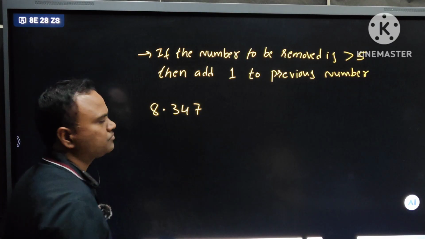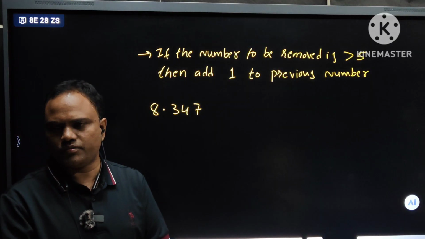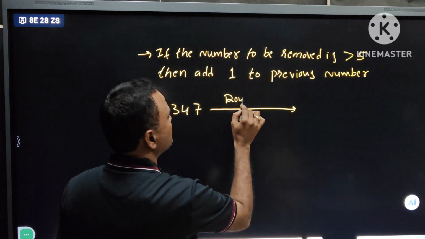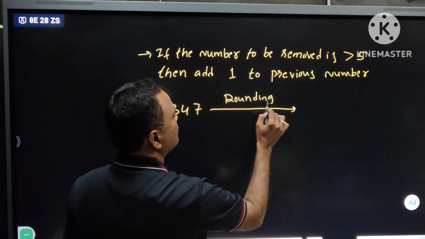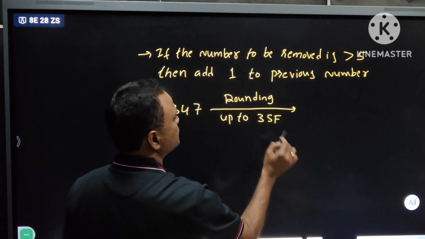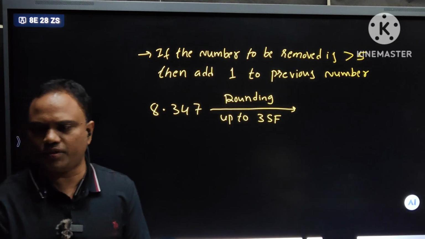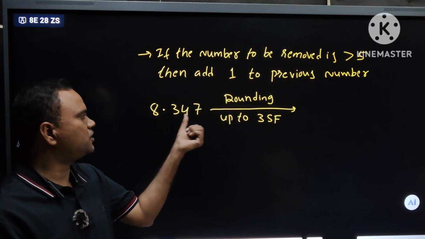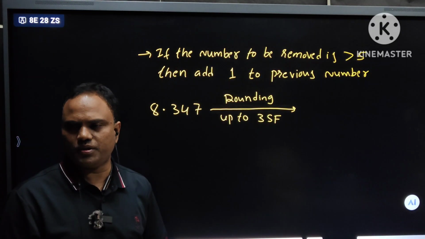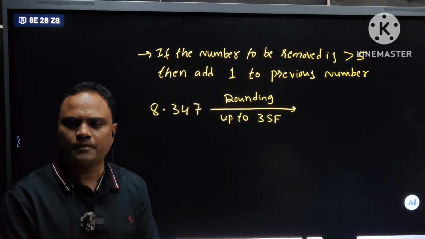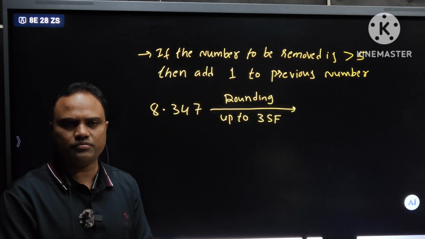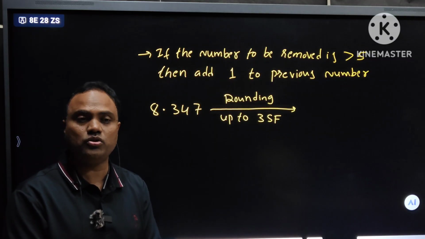8.347, rounding up to 3 significant figures. We have to keep 834 only, because we are rounding up to 3 significant figures. So what we have to remove? 7. 7 is greater than 5, so we have to add 1 to the previous number.